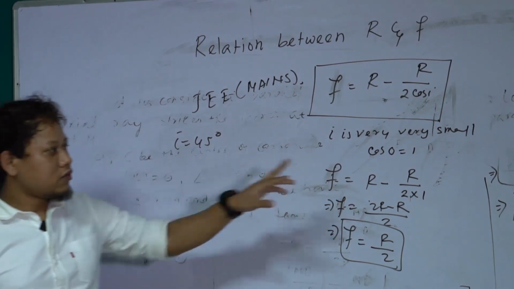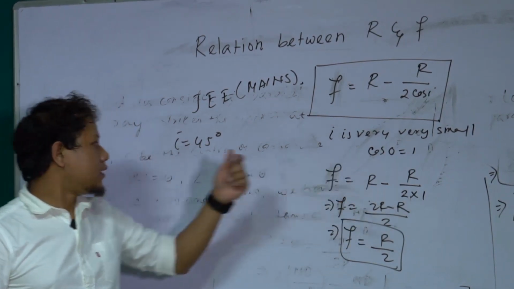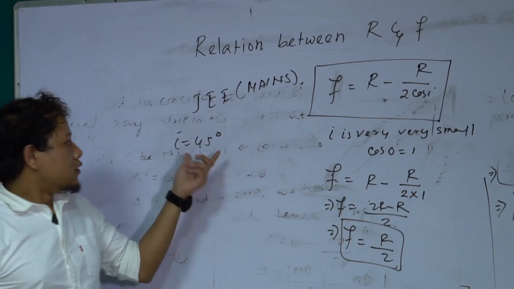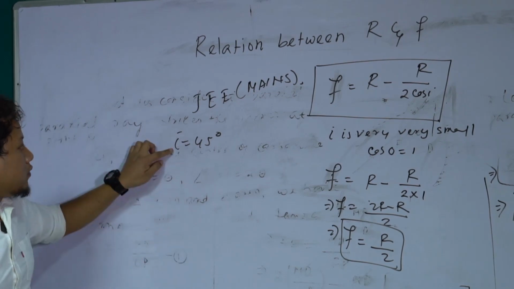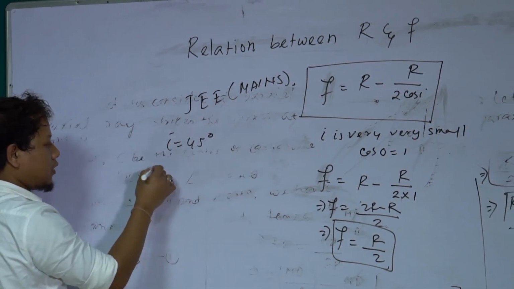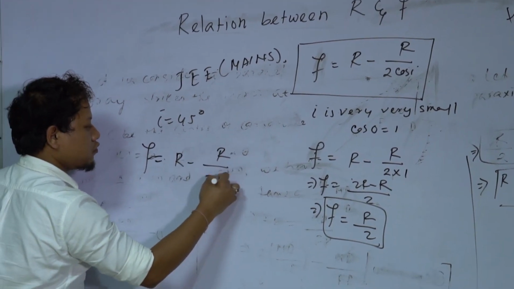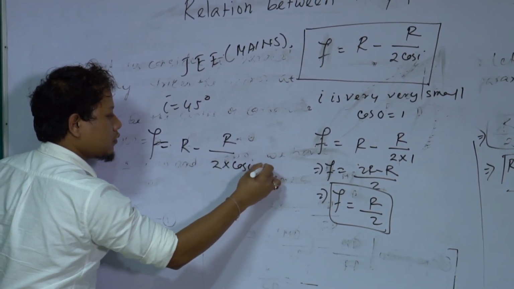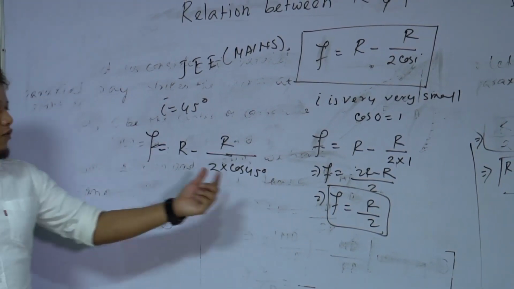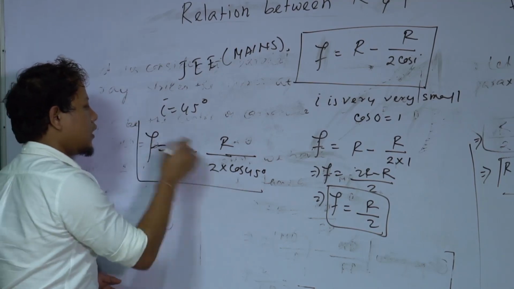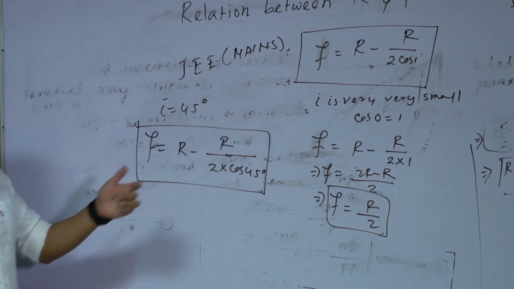If you try to use the earlier formula, you won't be able to find the focal length of the concave mirror, because they have given you the angle of incidence. So you have to apply this formula, R minus R divided by 2 cos 45 degrees. As you know, the value of cos 45 degrees is 1 by root 2. If you solve, you will get the answer. I hope you are very clear about this topic.